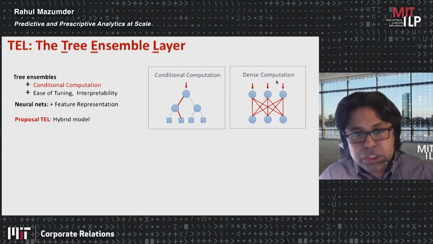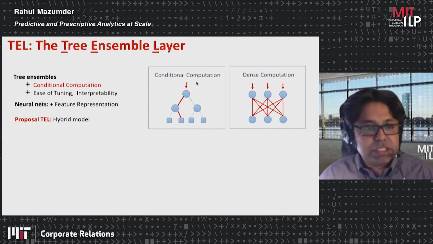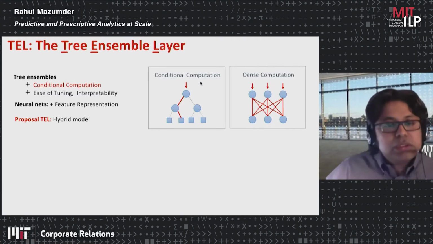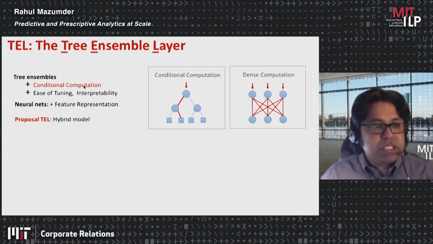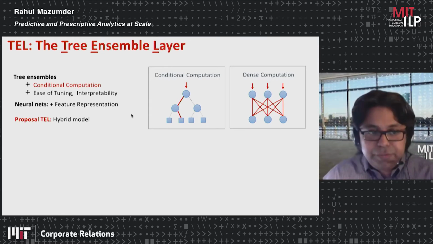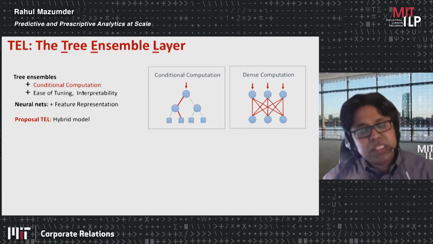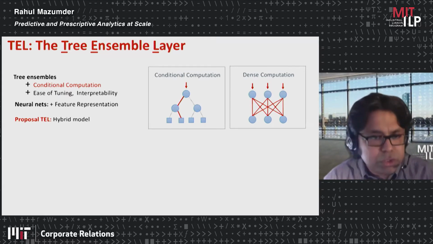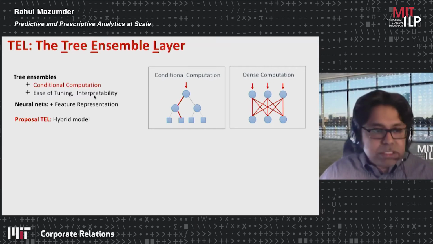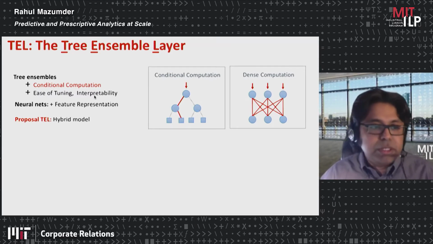So this is a notion of dense computation, and this is a notion of conditional computation. This is one of the good things about trees, and it can help in parsimony. It has very useful consequences in terms of building scalable algorithms which combine neural networks and trees. And of course, as we all know, trees are good in terms of parameter tuning, and they have nice interpretability constraints.